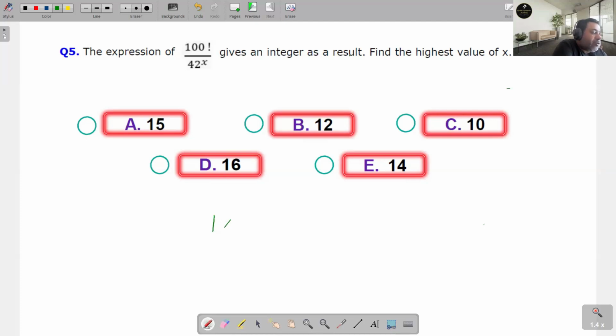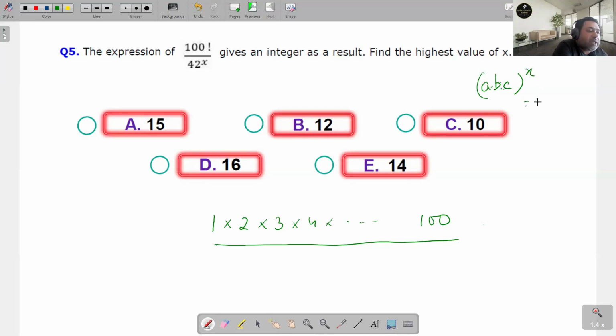So 100 factorial will become 1 times 2 times 3 times 4 up to 100. And in the bottom part, as you know, a into b into c, all raised to the power x, is equal to a raised to the power x into b raised to the power x into c raised to the power x.